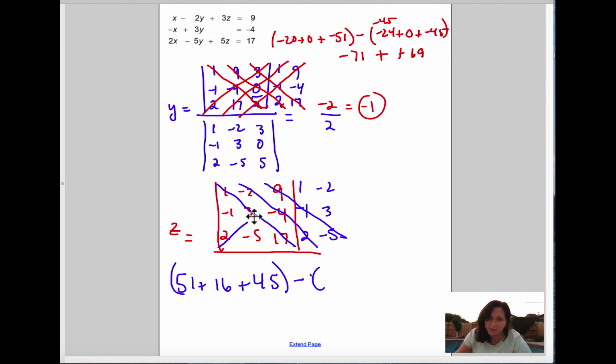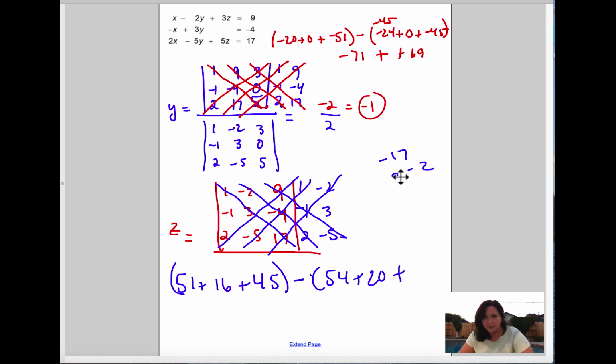So we've got 6 times 9, which is 54, plus 20, plus 17 times negative 1, negative 17, times negative 2, so that is 34. Using my calculator, we've got 51 plus 16 plus 45 is 112. Subtract 54, subtract 20, subtract 34, I get 4.